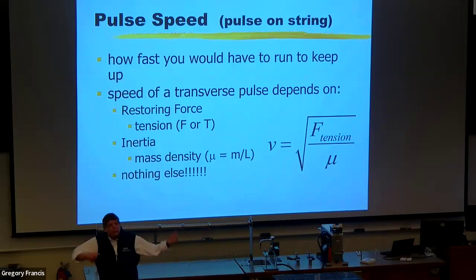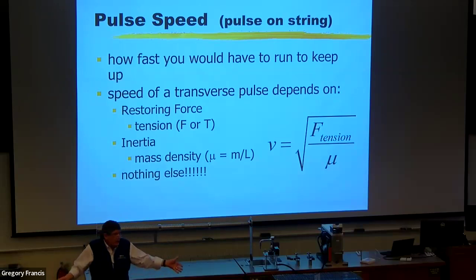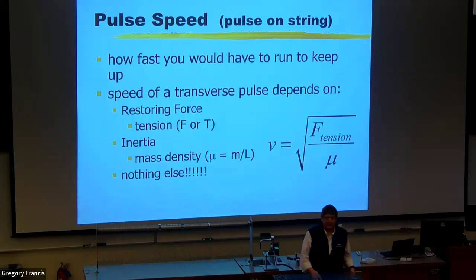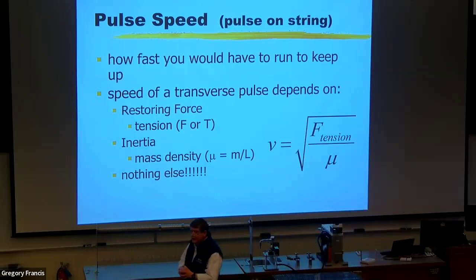How hard it is to move one of those football players, and how hard they're pulling on each other. If instead we had a whole line of ballerinas, well, that'd go quick, they're not as hard to get out of the way. So you can see that the mass matters, and also how hard they're pulling on each other. That would be the tension in the string or spring.